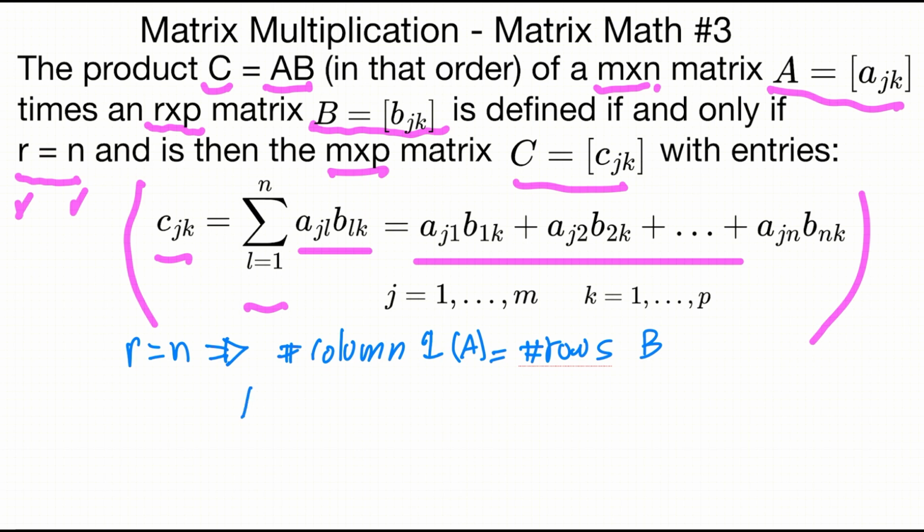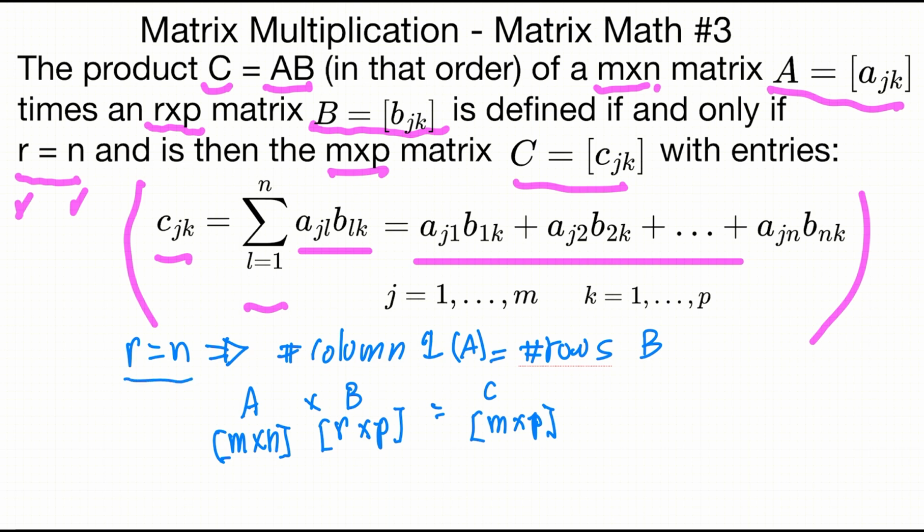If we write A, which they told us is going to be an M by N, M rows, N columns, times B, which is going to have R rows and P columns, that's equal to C, which is going to be M by P. So what this tells us is this requirement that R is equal to N. That must be the same for this to be defined. And then the final result is M by P.